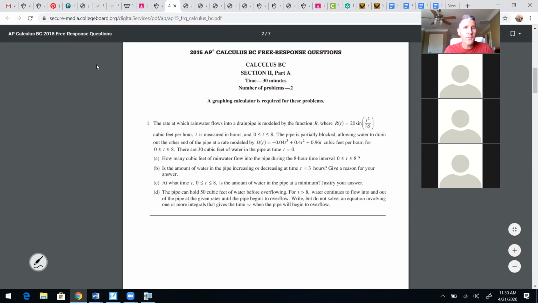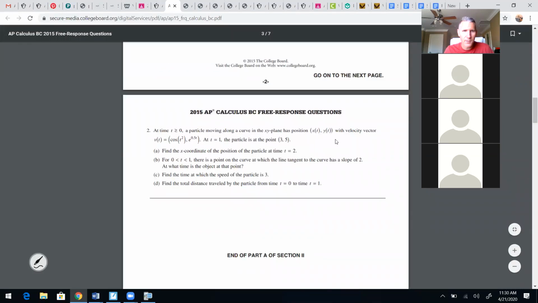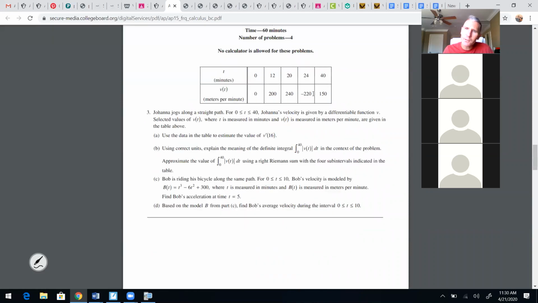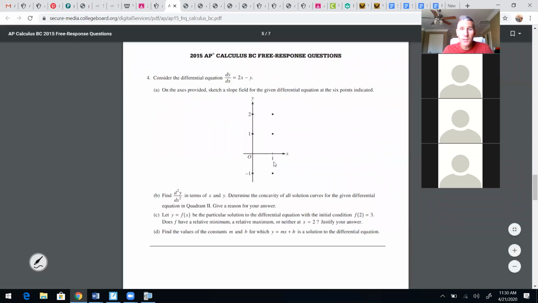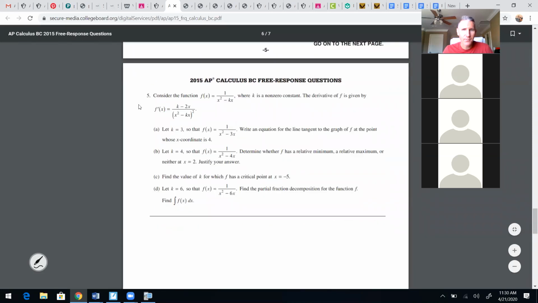But anyway, so 2015, you're going to do problems 1, skip 2, because that's parametric. 3, oh, look, a table of values, weird. 4, differential equation, slope field, cool. And 5, this one's not too bad. You look at K and they tell you K equals 3, K equals 4, whatever.